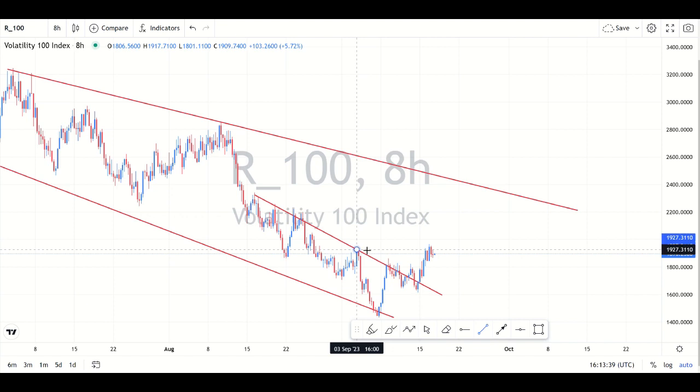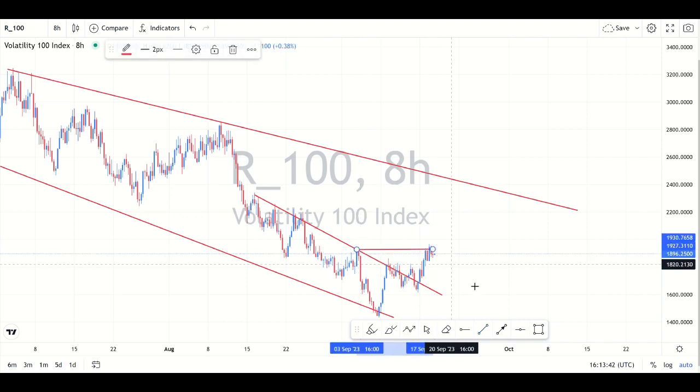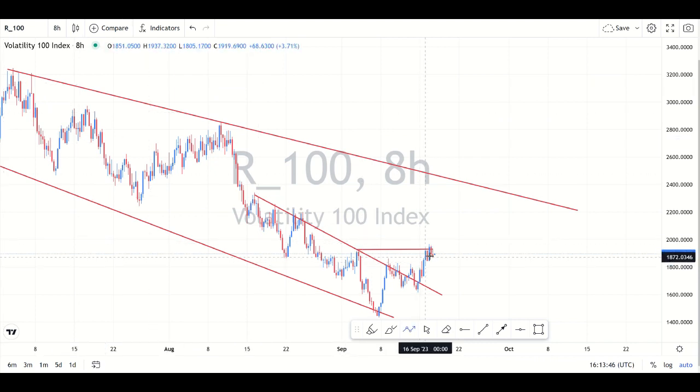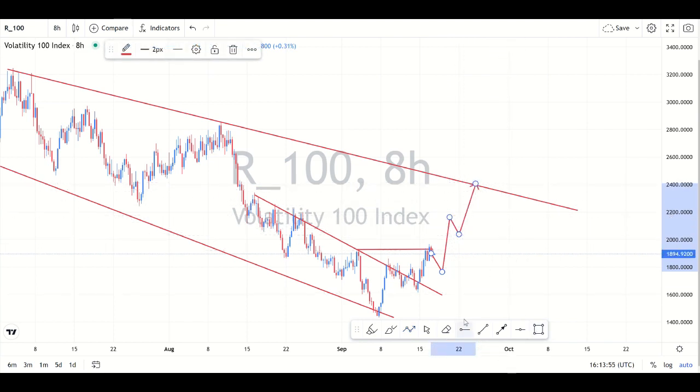So I will be speculating for a nice lower high there, right? If possible, let the market go for a nice lower high, and then we keep on pushing up, right?